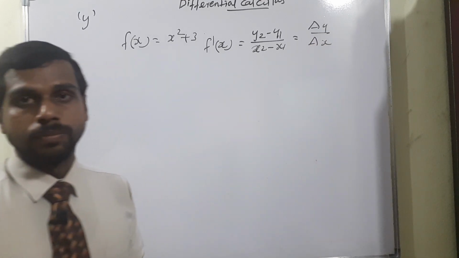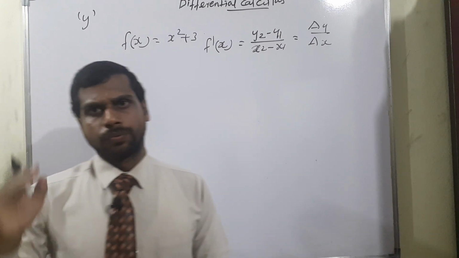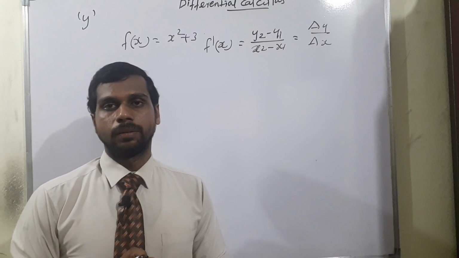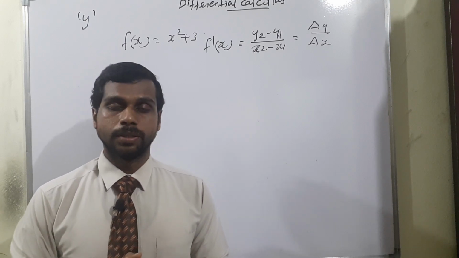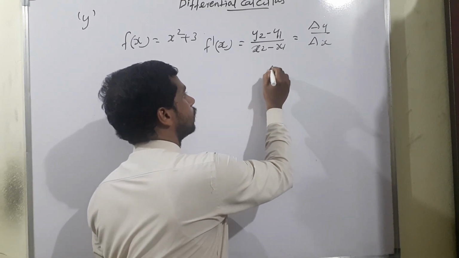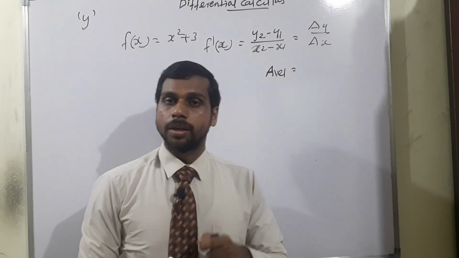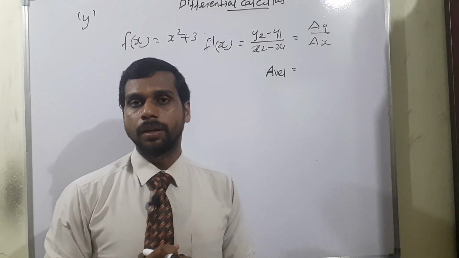For example, one person is going to travel from Chennai to Tirunelveli by train. How to find the average velocity? Average velocity is equal to total distance traveled divided by time taken.